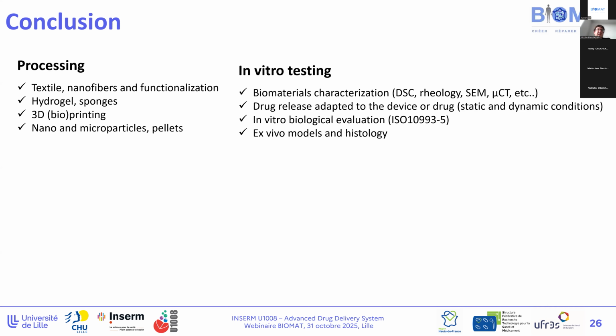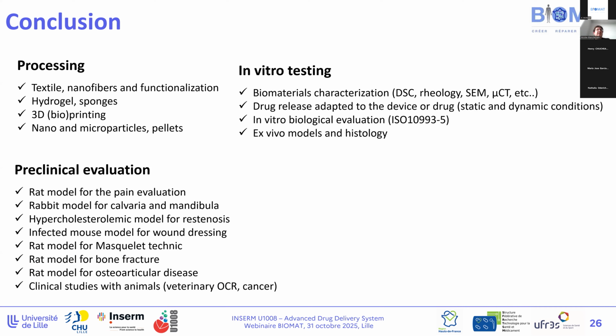We are starting to develop ex vivo models, as I showed you with the pork, and do some histological analysis. In terms of preclinical evaluation, in each case we develop a different model. I showed you 3 models, but we have a list of models that we develop, and Henri will show you just after another model that we developed for osteoarticular disease.